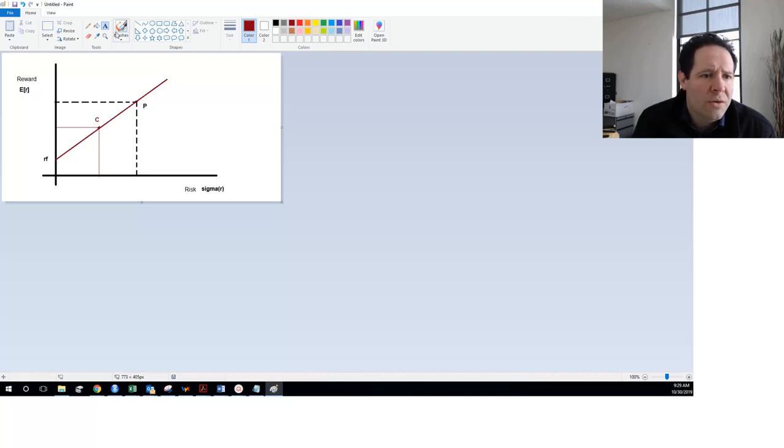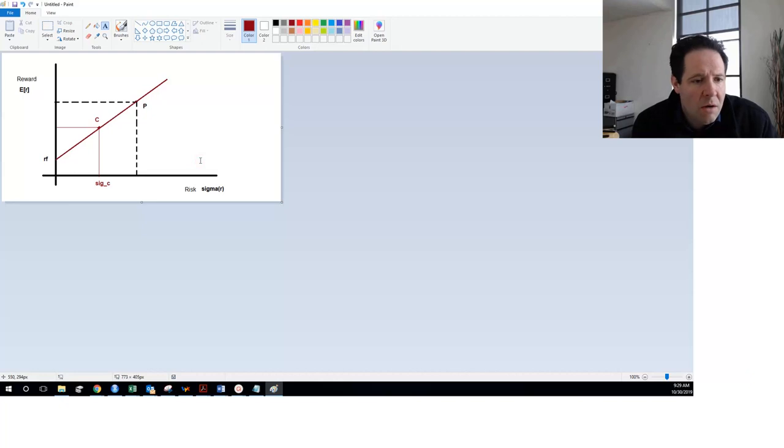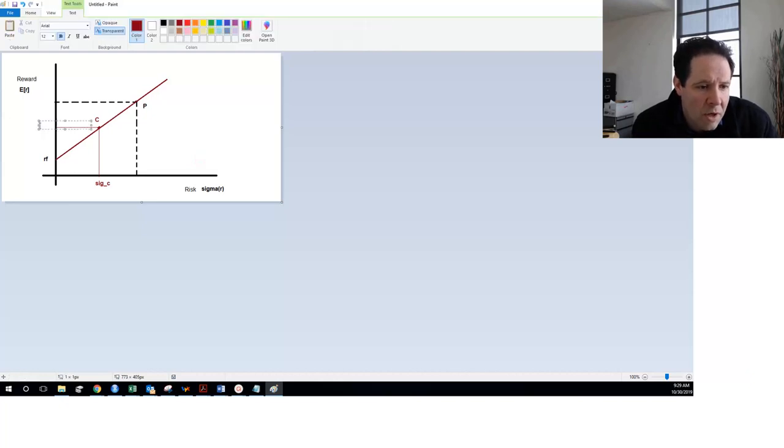We're also going to label the amounts. I'm going to call this sigma C. That's the standard deviation of the composite portfolio. This is going to be the expected return of C, which is the expected return of the composite portfolio.